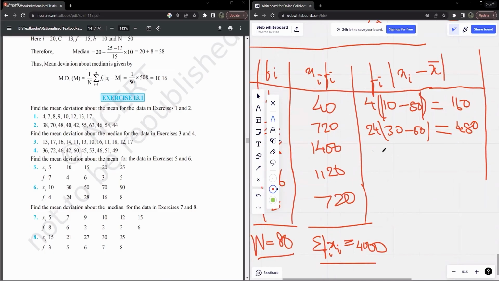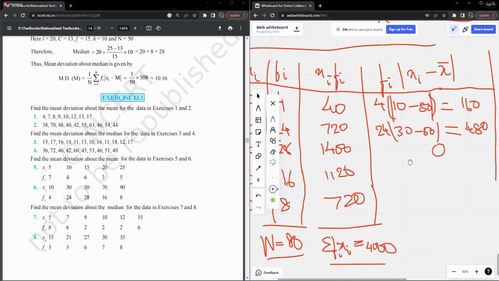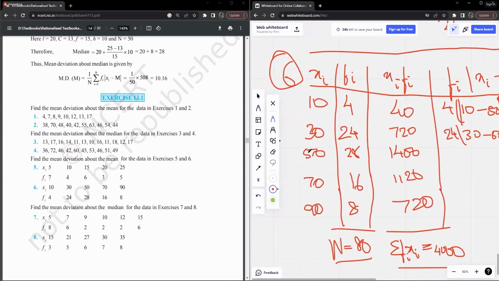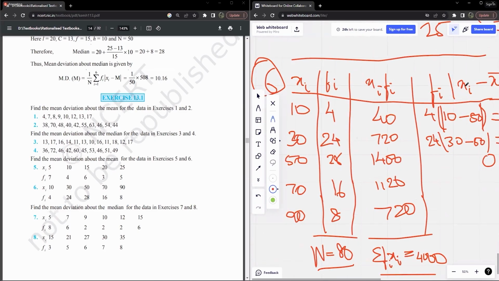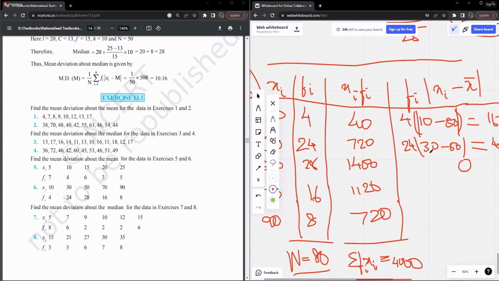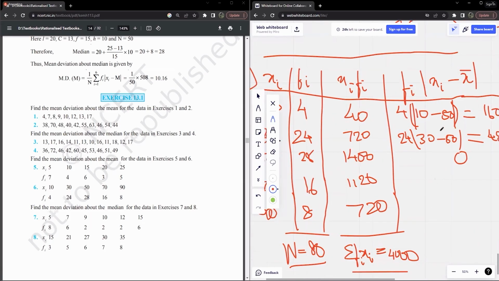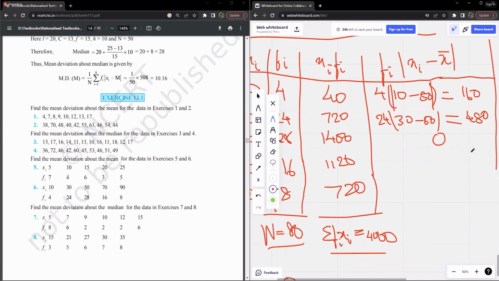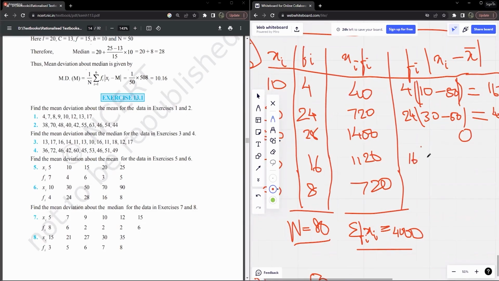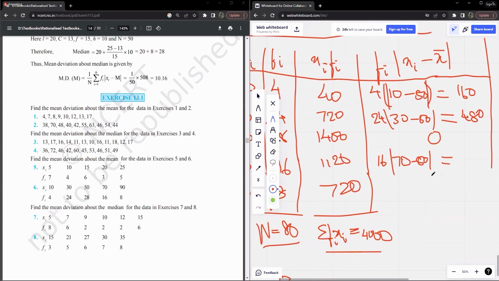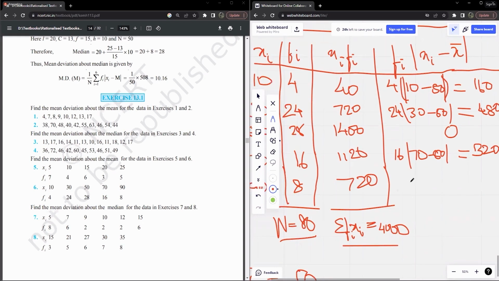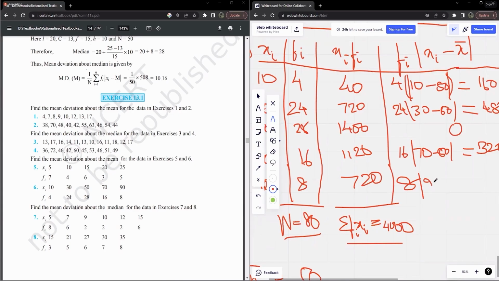All right. This is going to be 0 because your xi itself is 50, the mean is also 50. 50 minus 50 is going to be 0. 0 times anything is 0. I'm not calculating anything, directly putting a 0 over here. And then this will be again 16 times mod of 70 minus 50. That is 16 and 20 again. That is going to be 320. And finally, this is going to be 8 times mod of 90 minus 50.